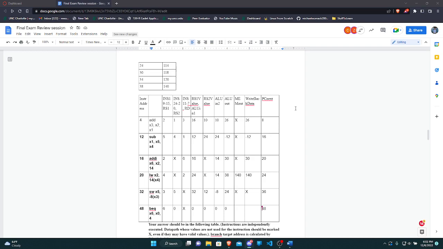So in this case that is 48 plus your label, this third term right here, which is 4 times 2. So 48 plus 8 equals 56. For this, we don't need a memory out because that's only for the load word. For write back data, we don't have an RD, so that's also an X.